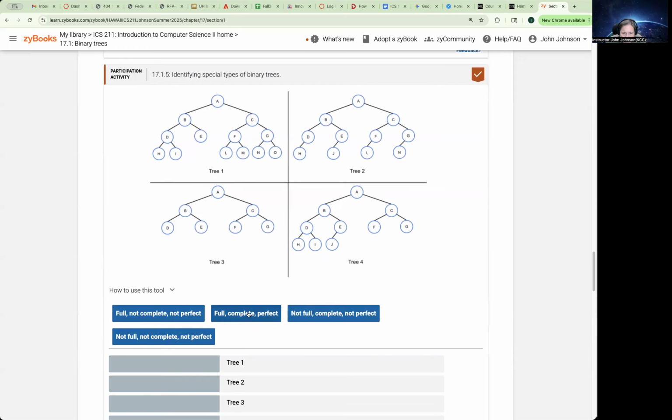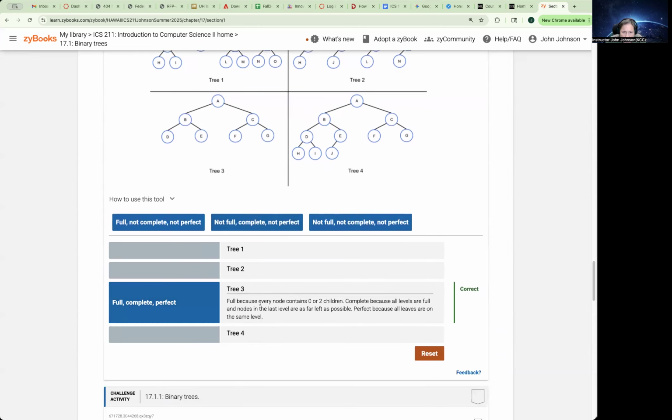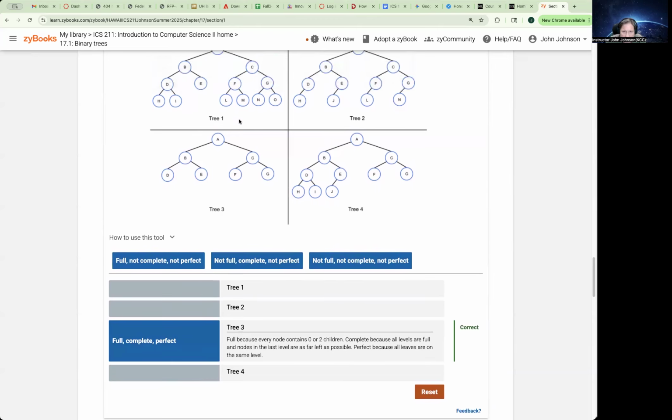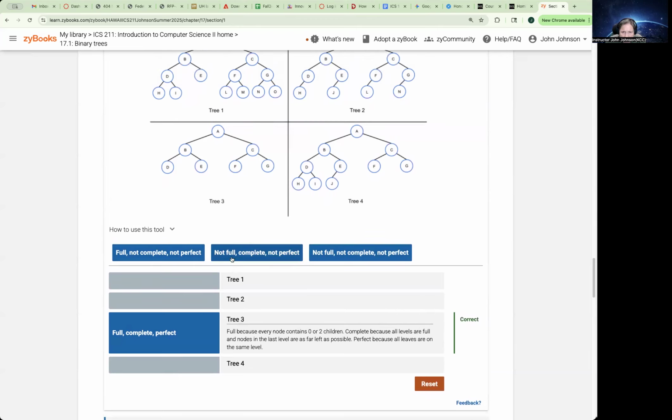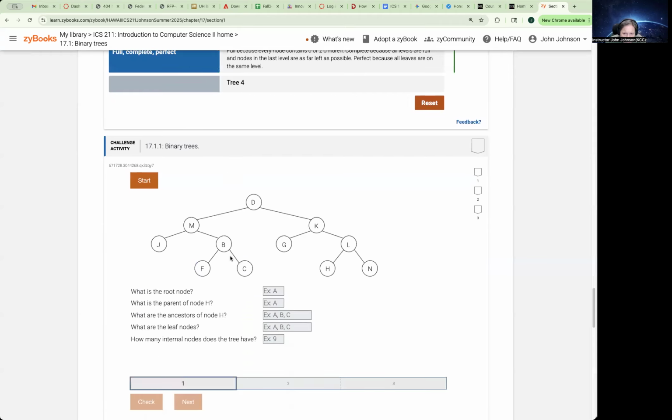If we were to take full and complete and try this on for number 3, we would see that that is correct. So go ahead and go through your definitions and look at each tree and see, does this fit that description. Go through it, full, complete, and perfect, and see which ones match up. That should take you a while to go through.